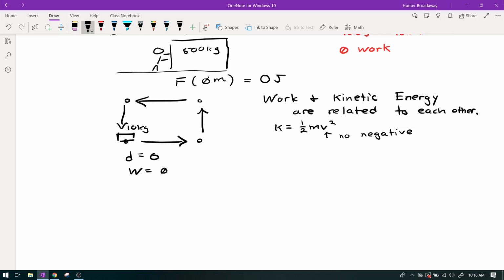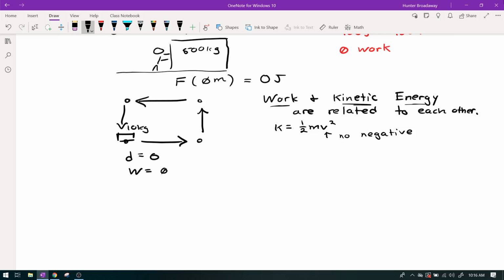All right. So work and kinetic energy are related to each other. So much so that you have to do work to get things to move. Okay, there's no way around that. You must do work to get things to move. So, in order for you to spend energy, you have to do work.